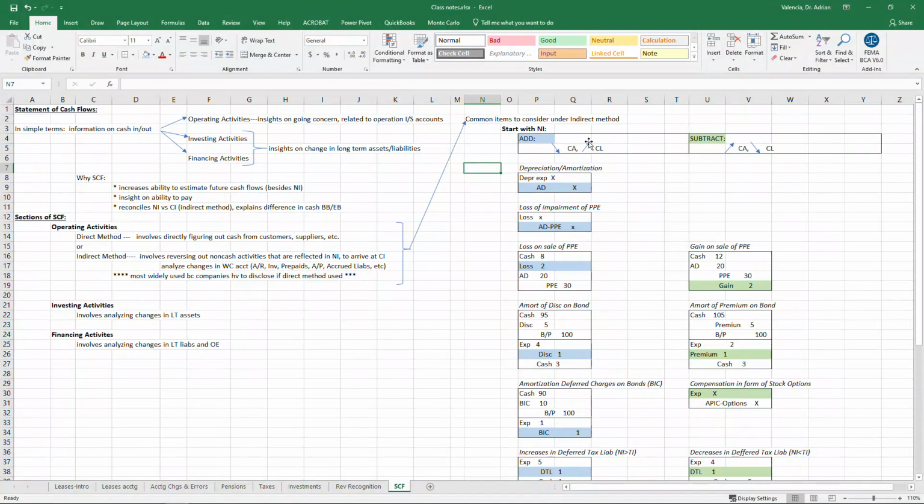Okay? And the same analysis can go for accounts payable if you wanted to do that. If your current liabilities go up, then you add the net amount that goes up. And the opposite is true for subtraction here. So those accounts like accounts receivable, inventories, accounts payable, etc., those are easy to analyze. And what you're doing is you're simplifying your life.